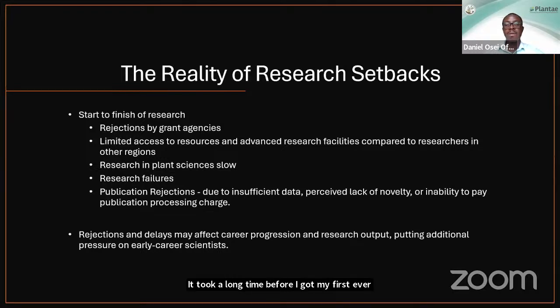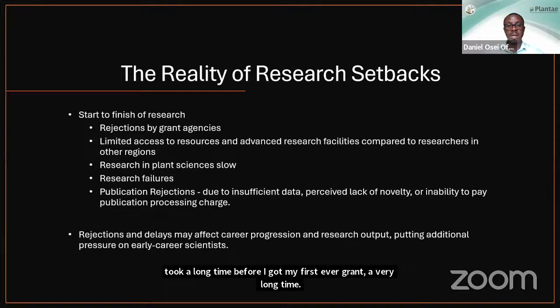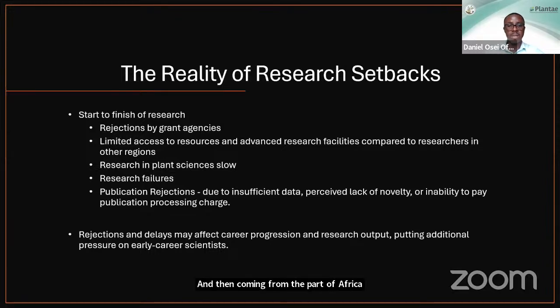And then, coming from the part of Africa where I carry out most of my research, I had very little access to a lot of the modern equipment at the time. Today, I look at them and they're still very old, but it was very difficult getting access to those modern equipment.